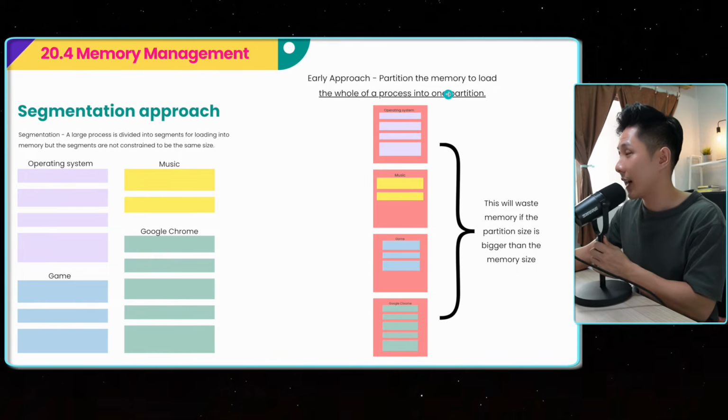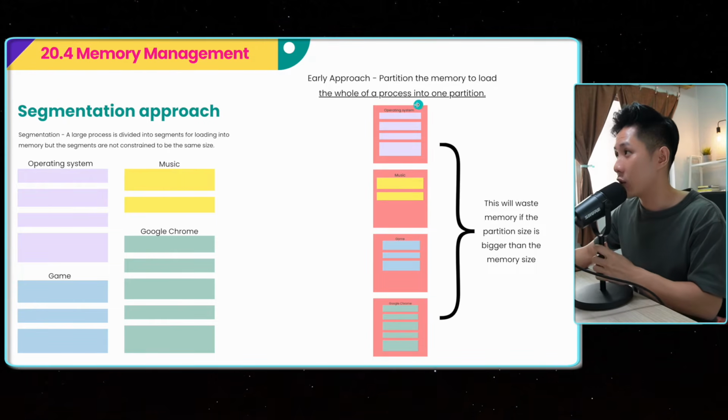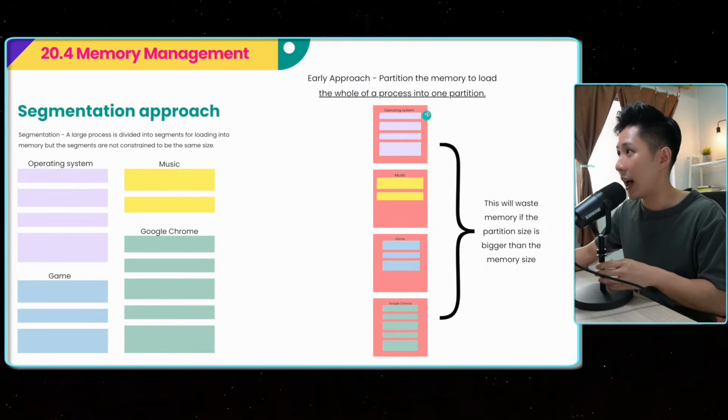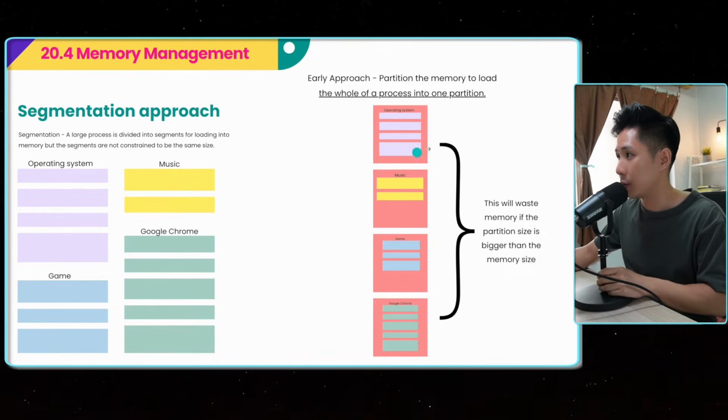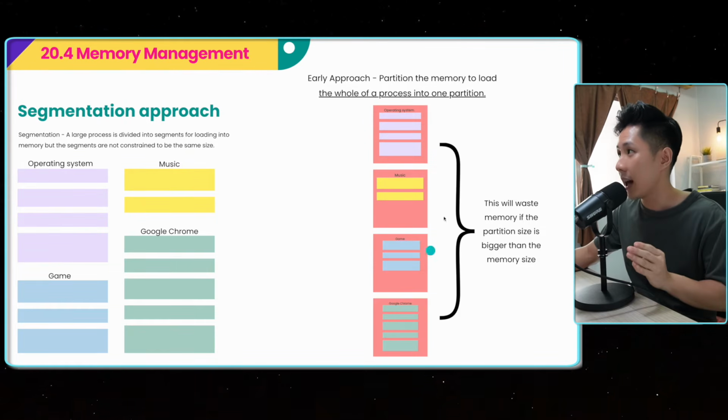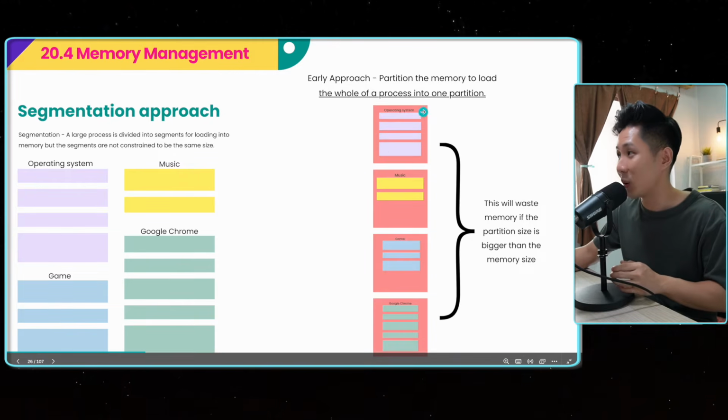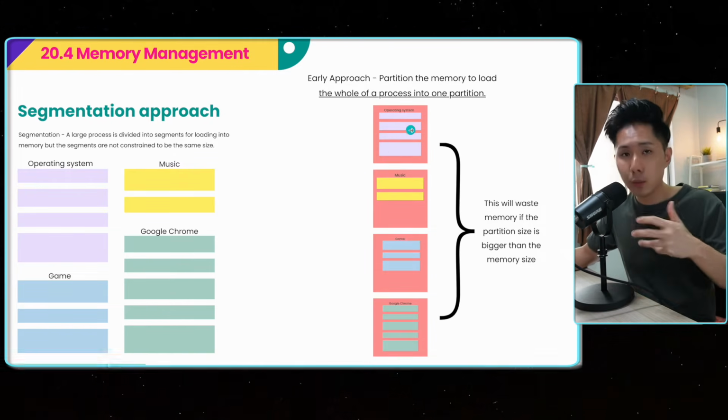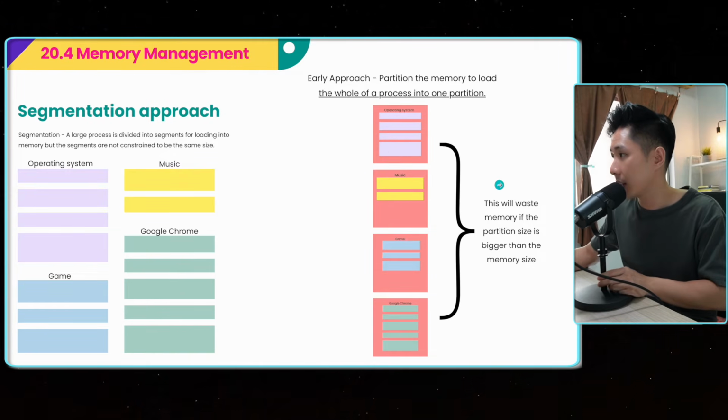So the earlier approach was for the OS to partition the memory into 1, 2, 3, 4 partitions, and then let the whole of a process go into one slot. This approach has its flaw because look at these empty spaces here.